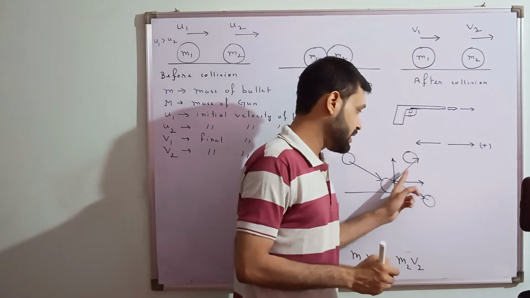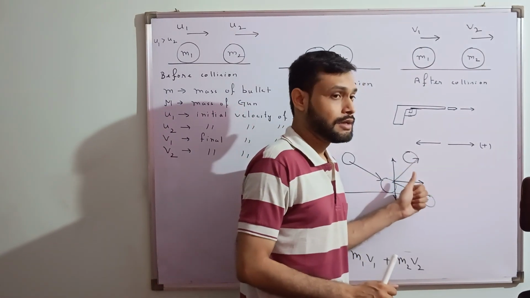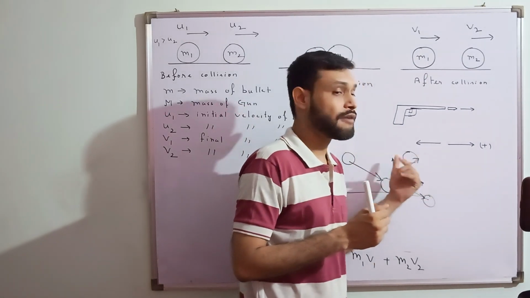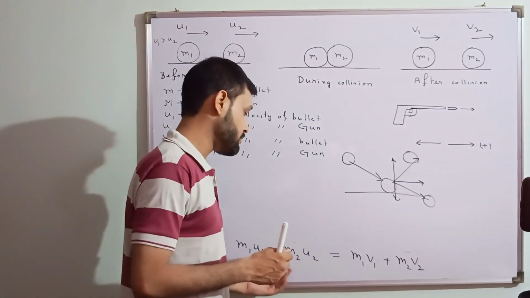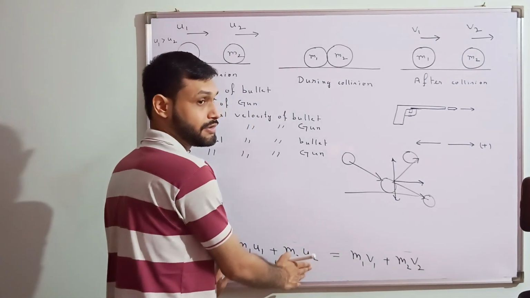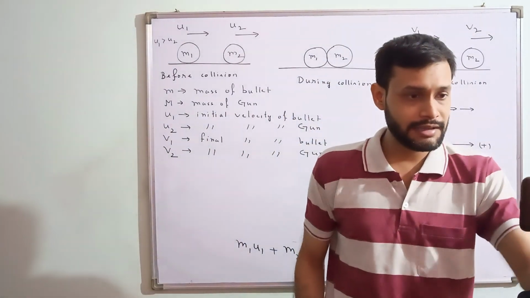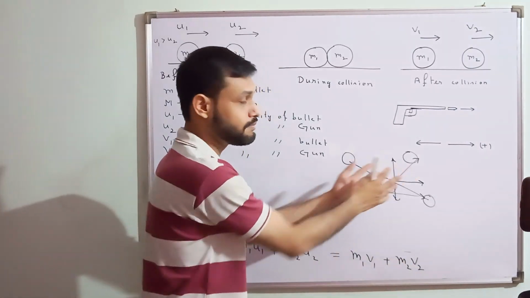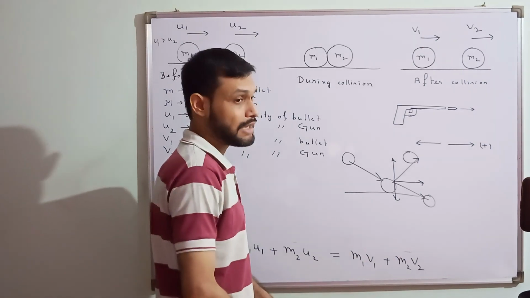Then we will write the initial momentum along the x-axis and final momentum along the x-axis, then initial momentum along the y-axis and final momentum along the y-axis of the system. Then we will equate them and find the answer. So that is what we do.